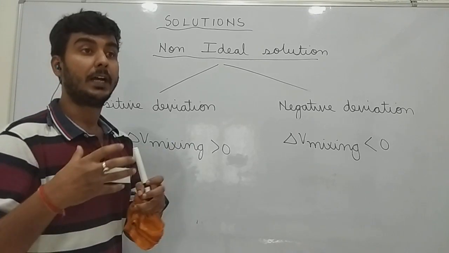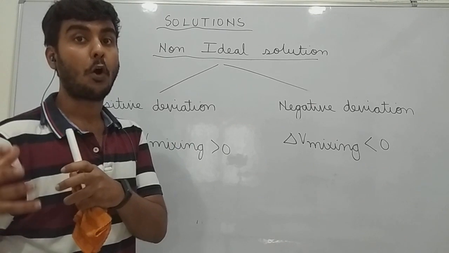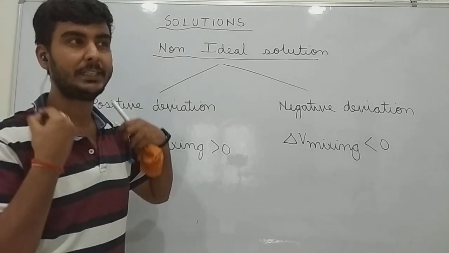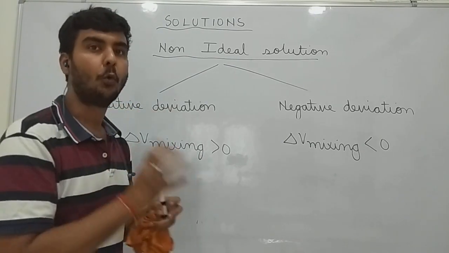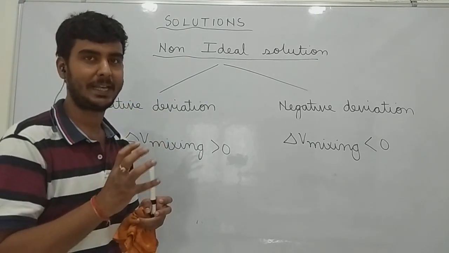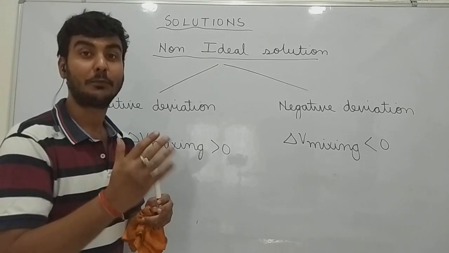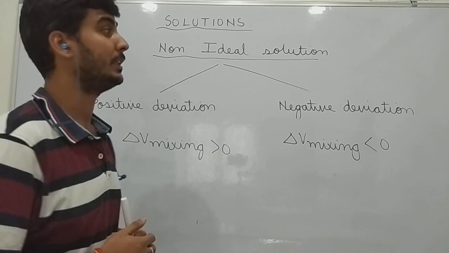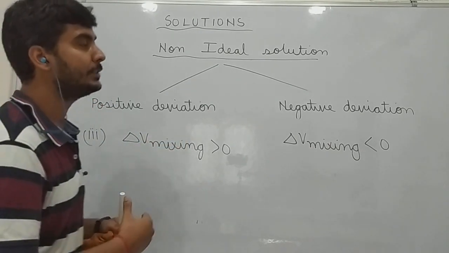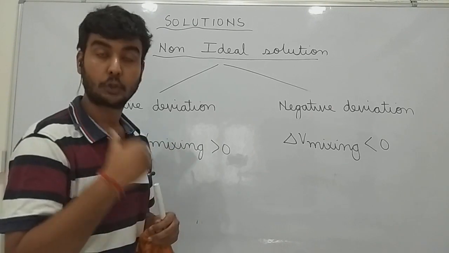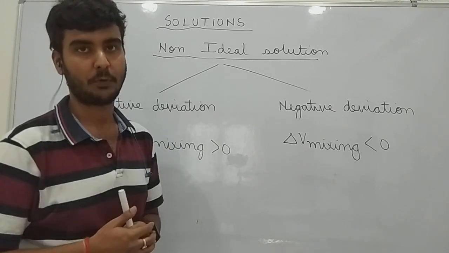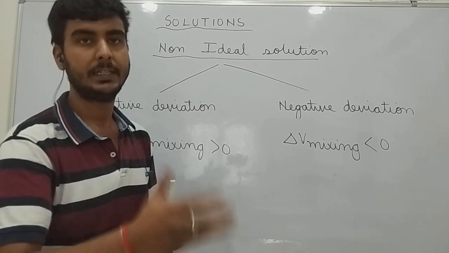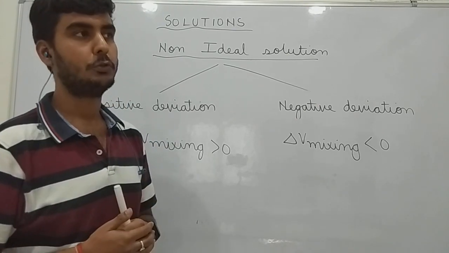That means the volume of the final solution prepared by mixing the individual components will be slightly less than the sum of the volume of the individual components which you are mixing to form the solution. So these are some of the properties of two different types of non-ideal solution, that is solution showing positive deviation and negative deviation from Raoult's law.